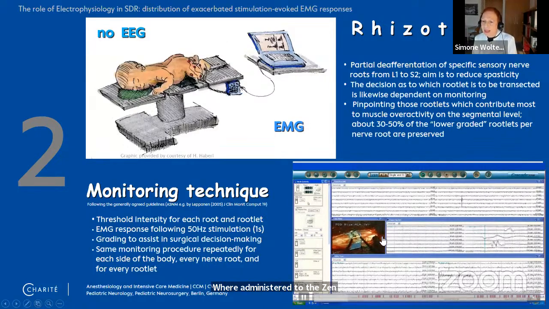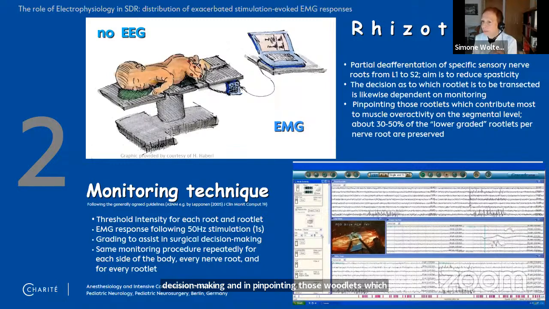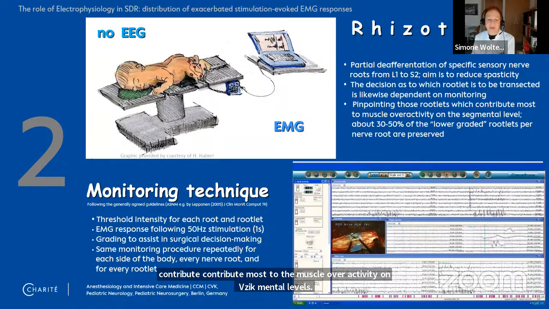However, only the high frequency stimulation responses elicited assist us in surgical decision-making and in pinpointing those rootlets which contribute most to the muscle overactivity on the segmental levels and to spasticity in general.